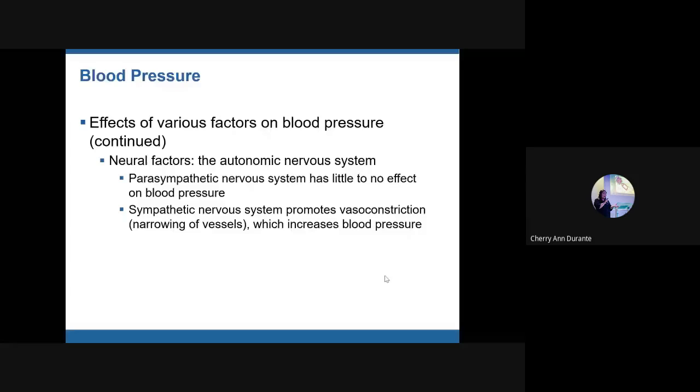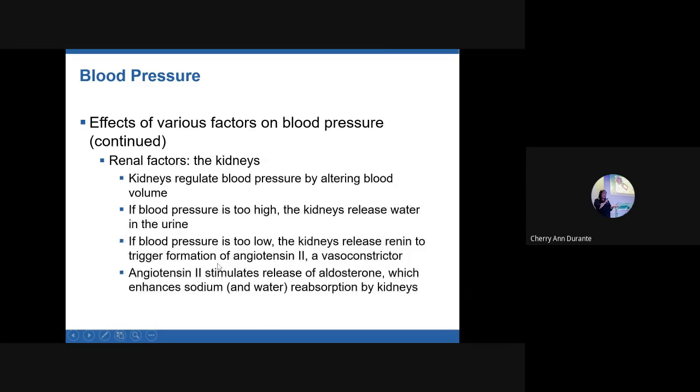Okay? Causing vasoconstriction. Your kidneys also affect your blood pressure kasi sa kidneys mo, meron kang specialized hormone that is released every time the pressure is low or high. Once the pressure is high, the kidneys will expel more water out of the urine. But when the pressure is low, it will trigger a system known as the renin-angiotensin-aldosterone mechanism. Some will refer to this as your RAAS.